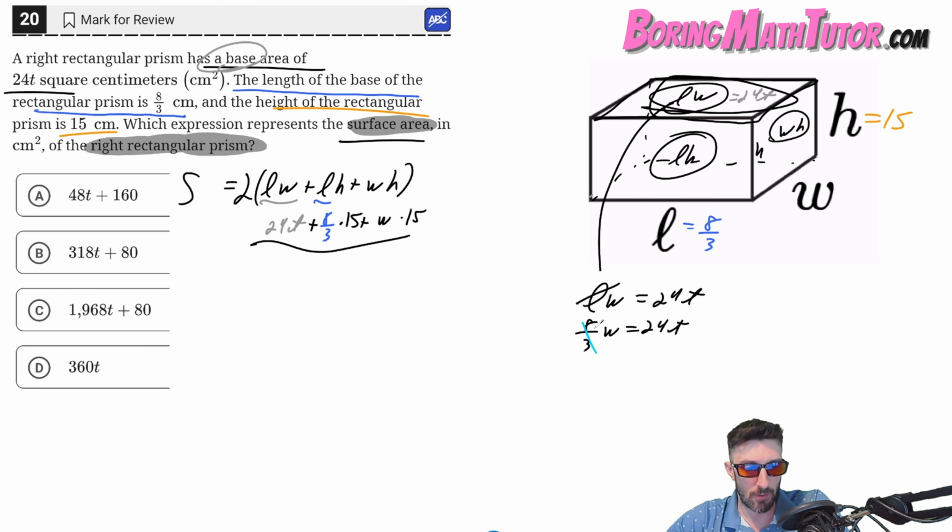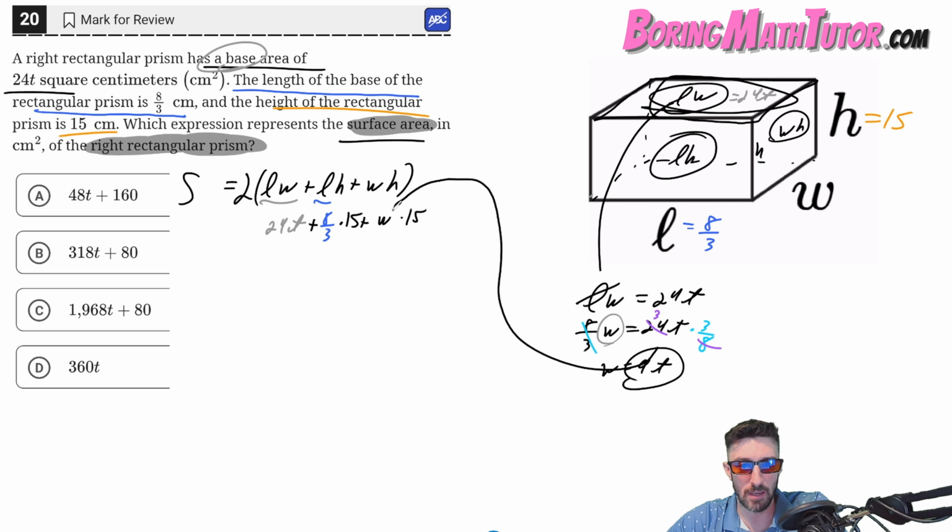And now get rid of the 8 over 3 by multiplying by 3 over 8. And what that will do for you is get you what W is in terms of T. Now here I can do 24 divided by 8, that's 3, then 3 times 3, that's 9. So W is equal to 9T.